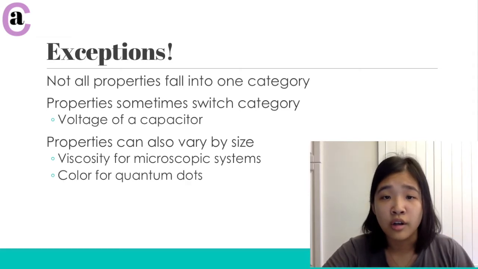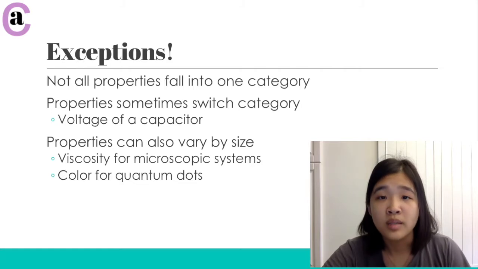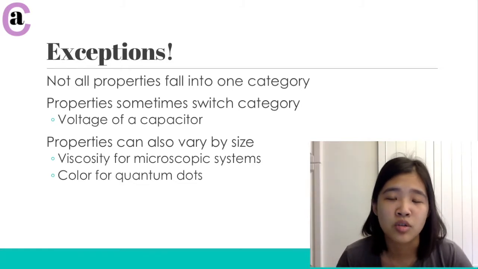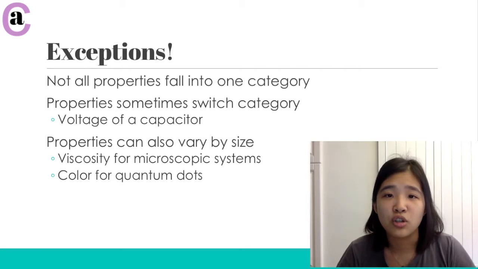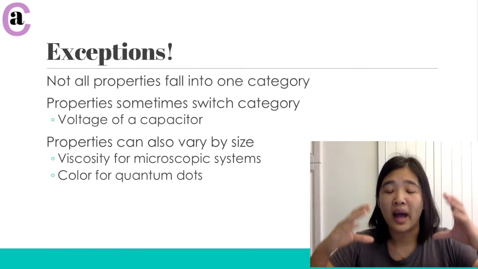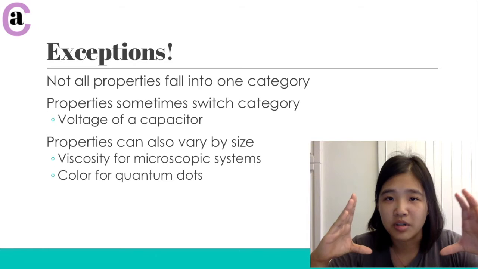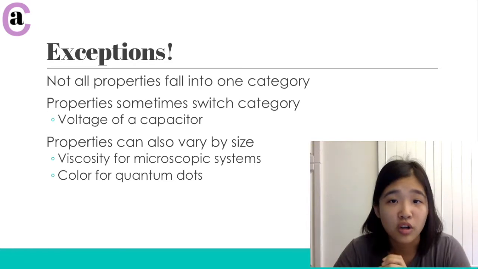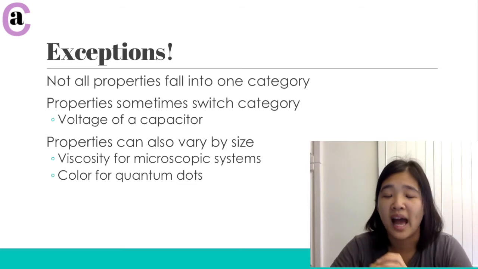And then color for quantum dots. Quantum dots are really tiny things that you use in chemistry. When you get to really tiny sizes like that, colors can depend on size. If you have a slightly bigger quantum dot, you have a certain color, and when you get a smaller quantum dot, you have another color.